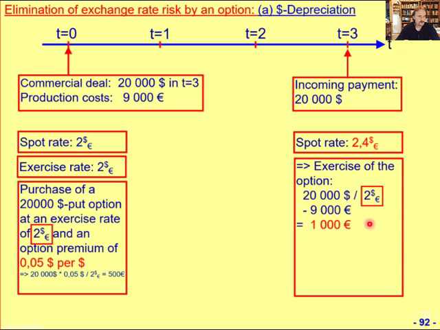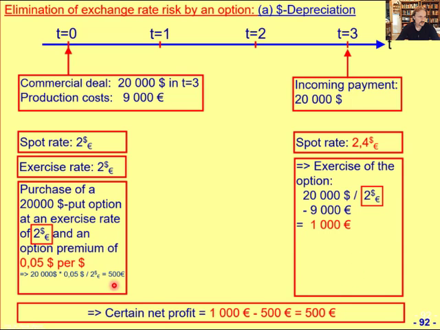Minus our production costs leaves us then a gross profit equal to €1,000 minus the costs for the put option of €500 leaves us finally a net profit of €500.